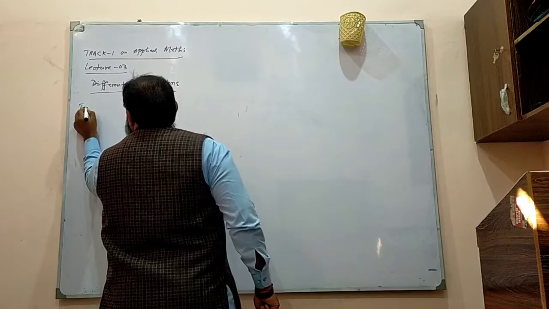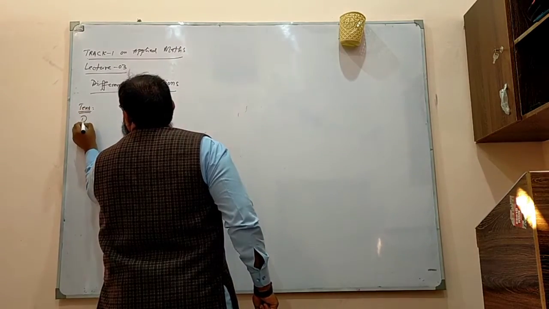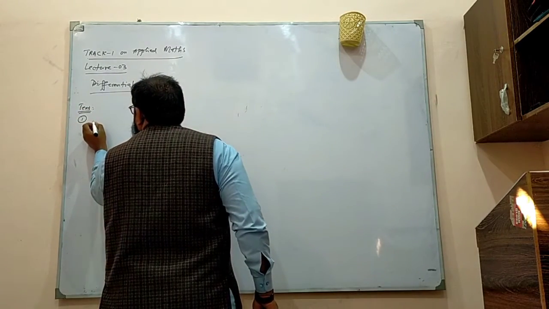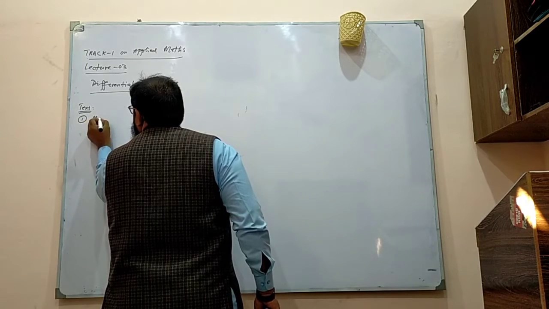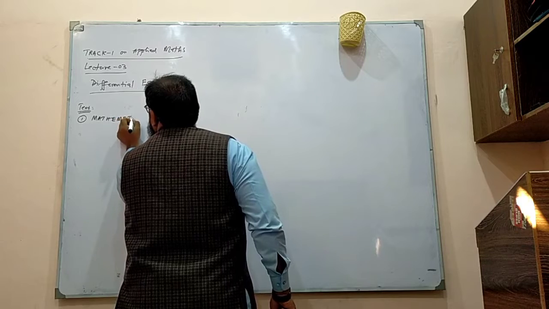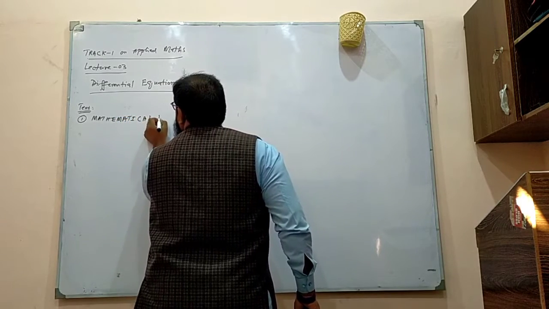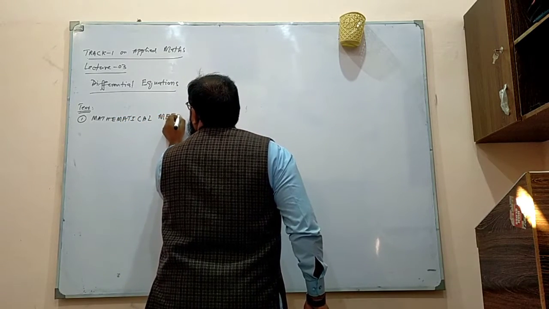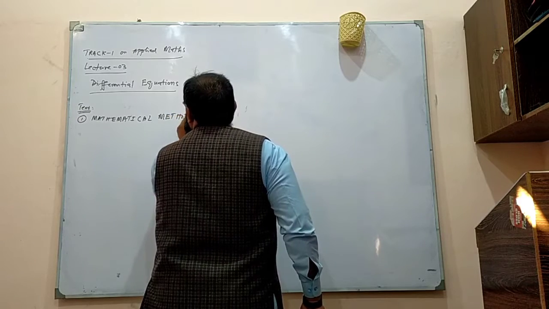The texts that we should refer to: one is the ordinary source that we are going to use so far, that is Mathematical Methods by SM Yusuf, and it's easily available in the market. Everyone knows it by SM usage.